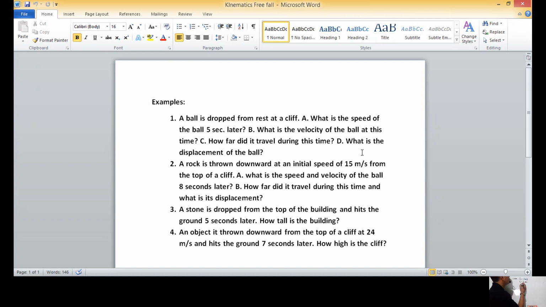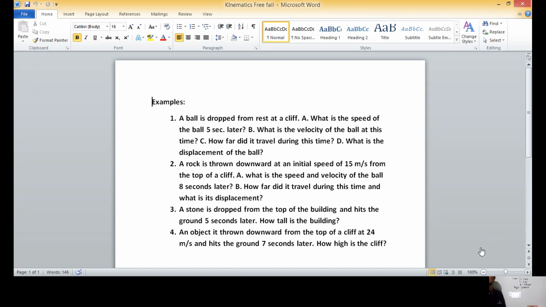And then, of course, G is negative 9.81 meters per second squared. So it is still negative since it's going down. It is not thrown up, it was just dropped. Required is the distance, which is the height of the building.